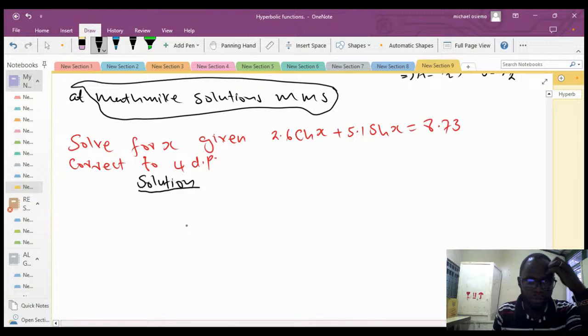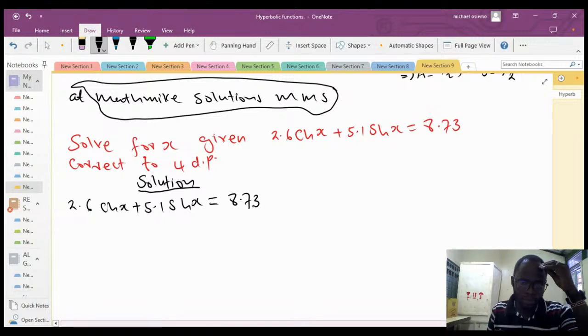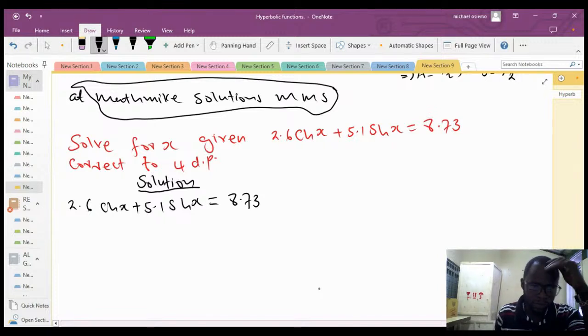So we are saying we have 2.6 ch of x plus 5.1 sh x is equal to 8.73. So remember the same way we were proving the hyperbolic identity, we want to apply the same to solve.